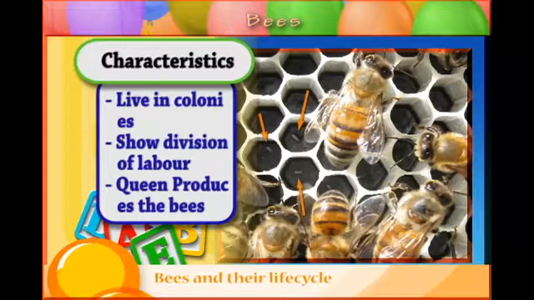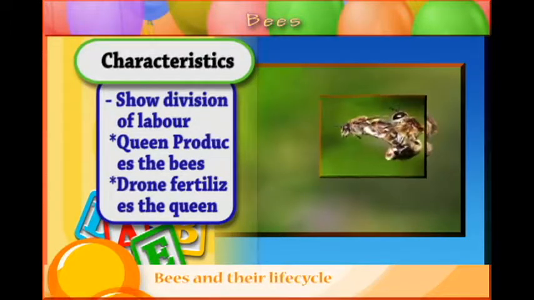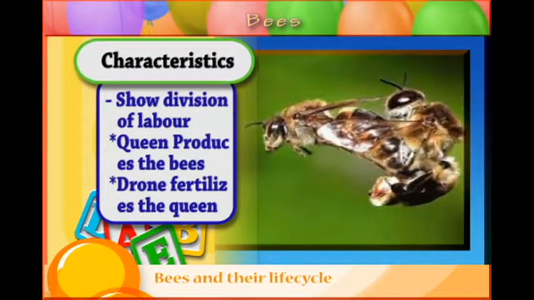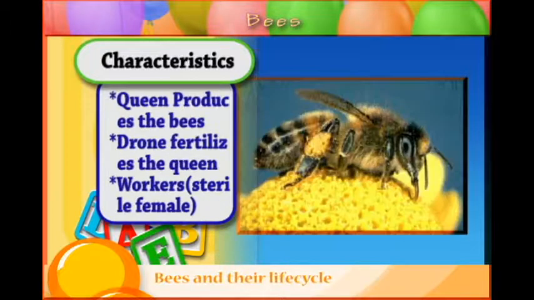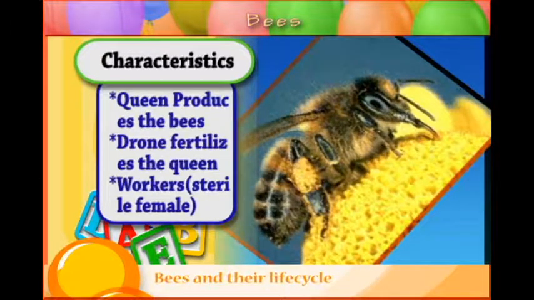The purpose of the queen is to produce other bees. That is the work of the queen. And the work of the drones is to fertilize the queen. And then we look at the workers. The workers are sterile females.